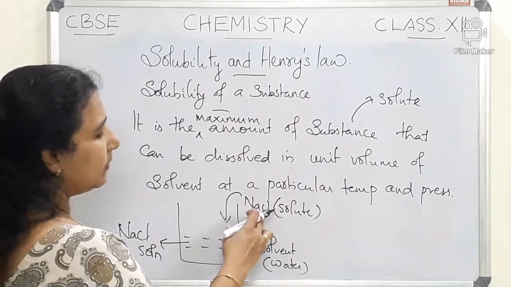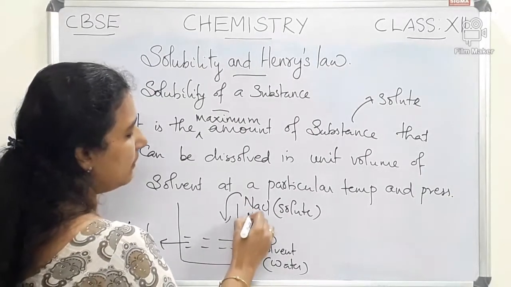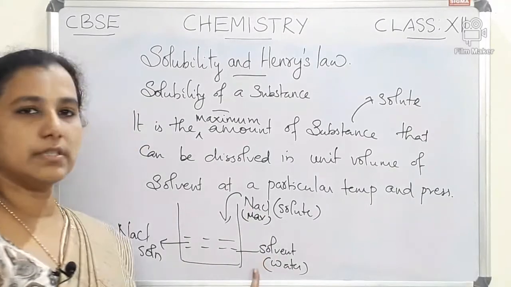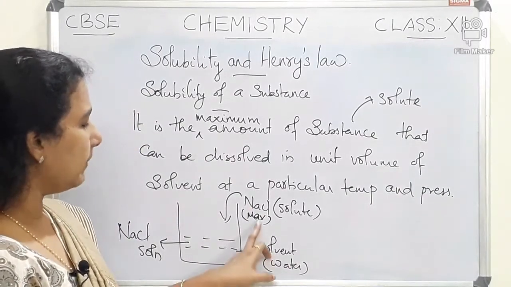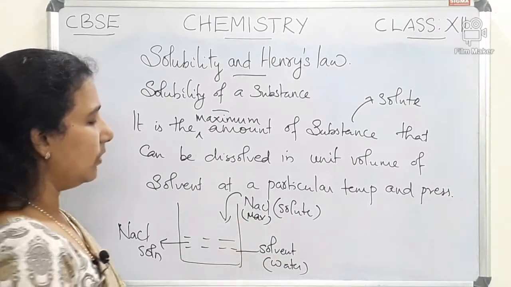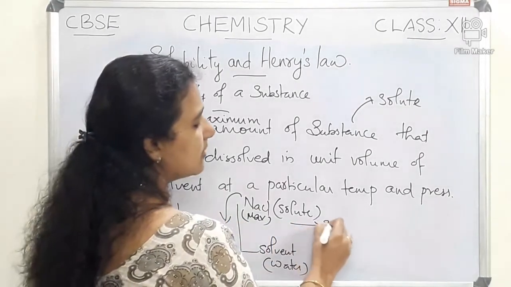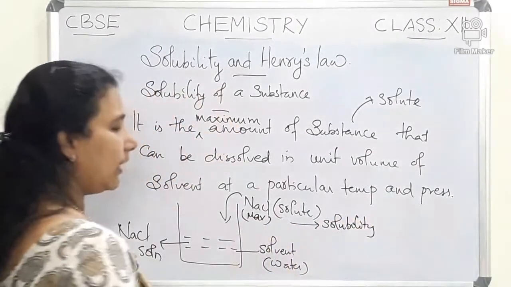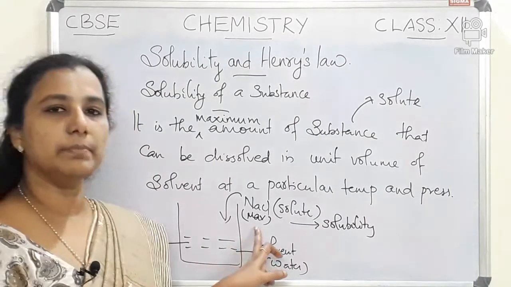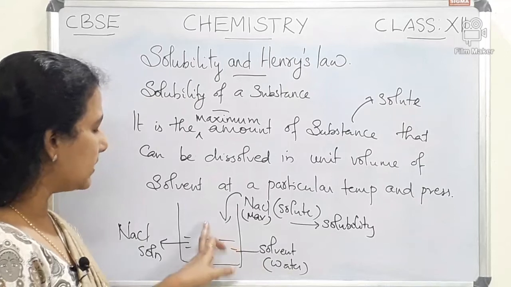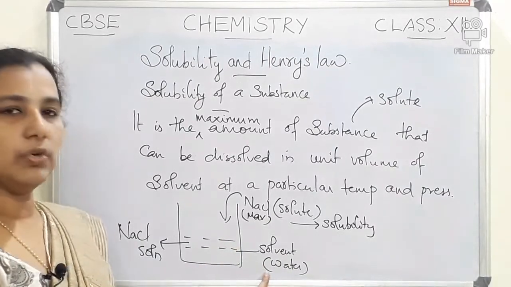If sodium chloride is added to water, the maximum amount of sodium chloride dissolved in this solvent is known as the solubility. Here the solubility of sodium chloride means the maximum amount of sodium chloride dissolved in the solvent water.